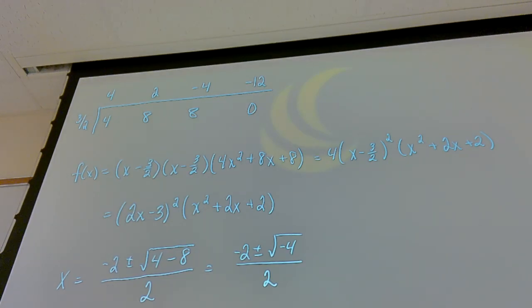This would be a problem. But we're also looking at complex zeros. How would you write the square root of -4?